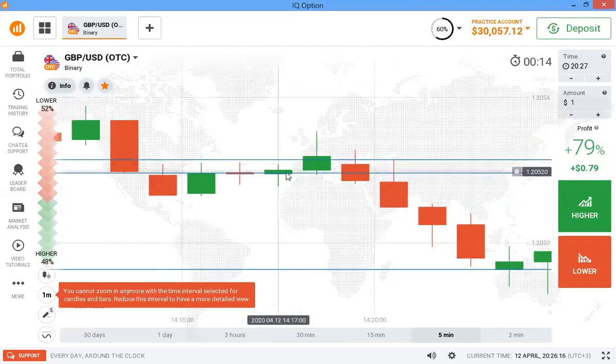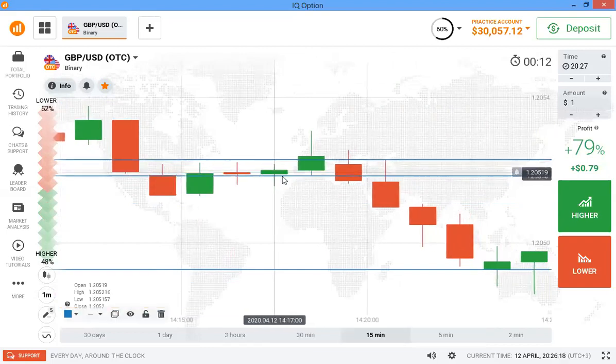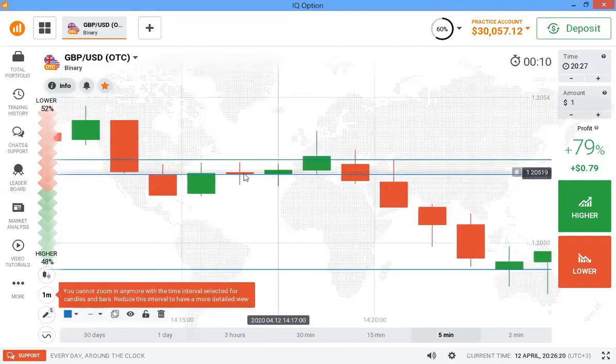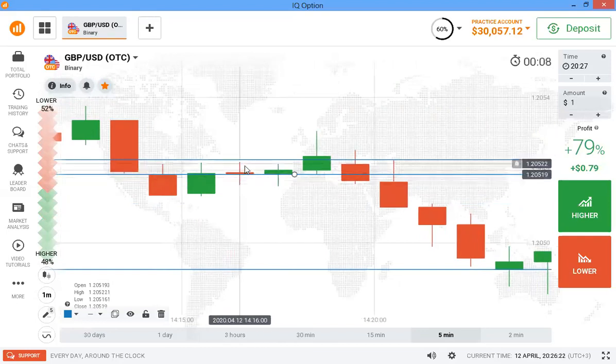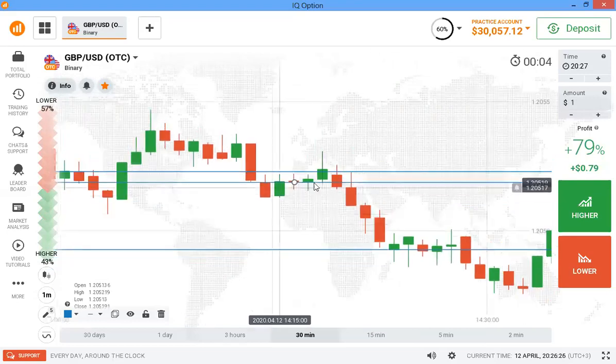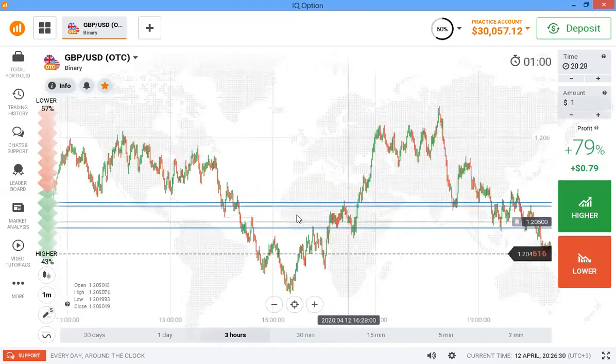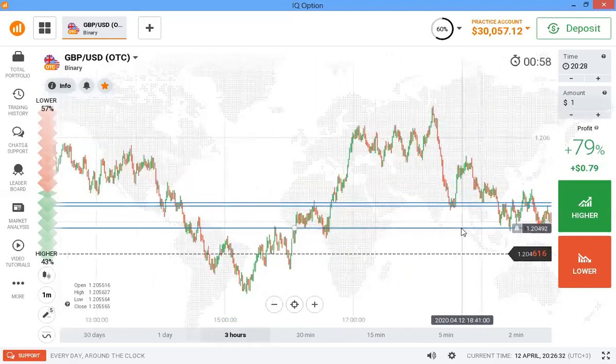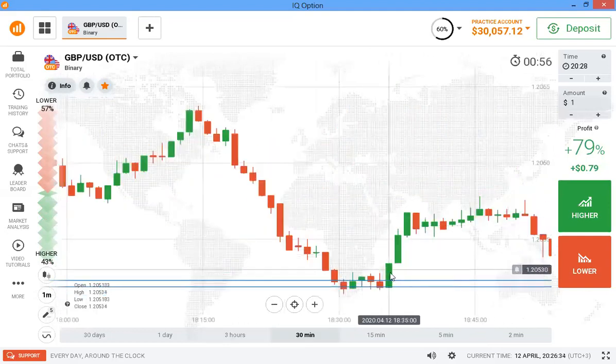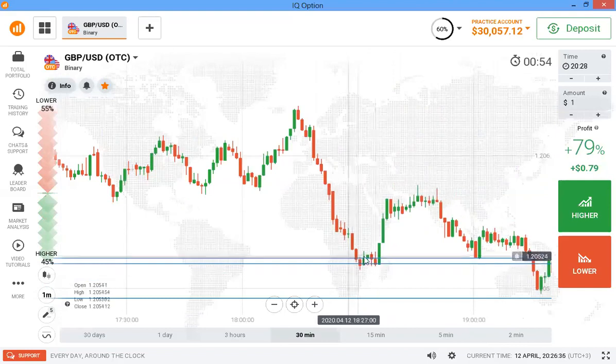Here we have one. This is a support level, that is, sellers entered from here, then buyers took over. This is a support level. So now let's look for a resistance. Here we have the resistance here.